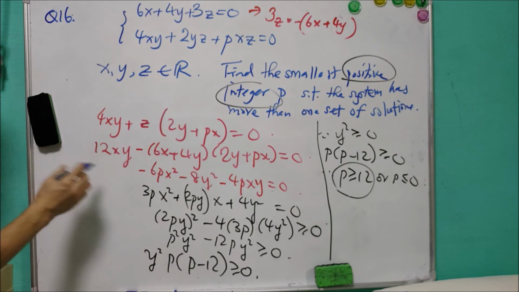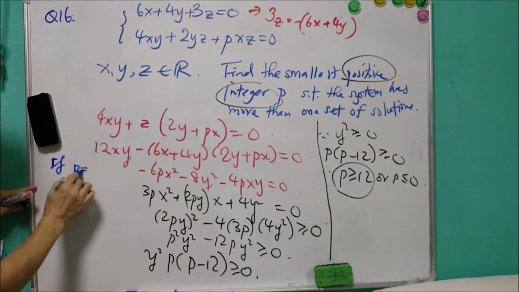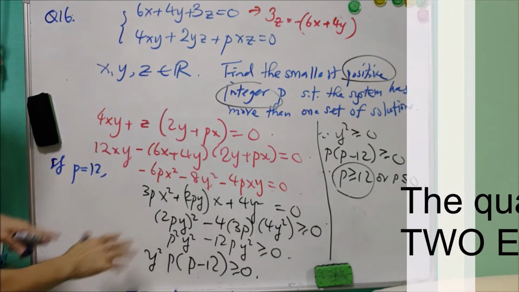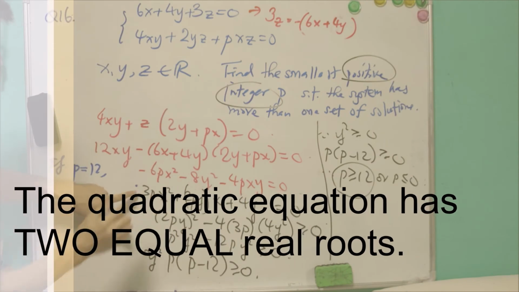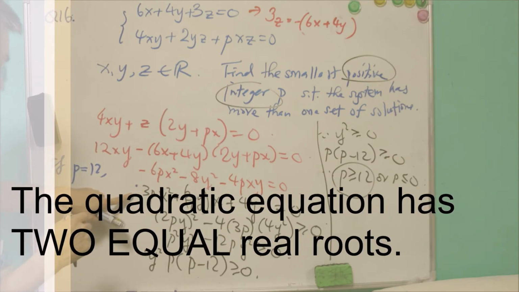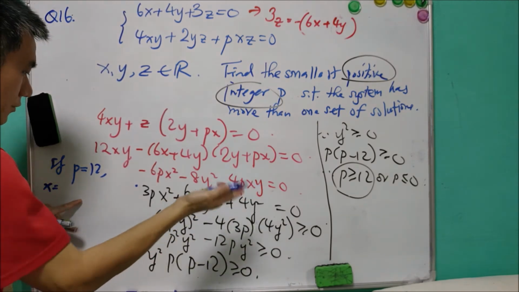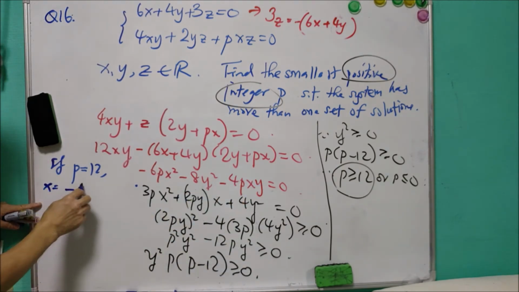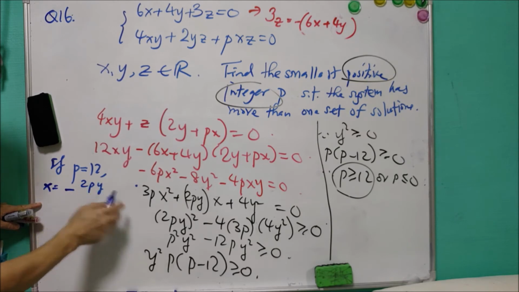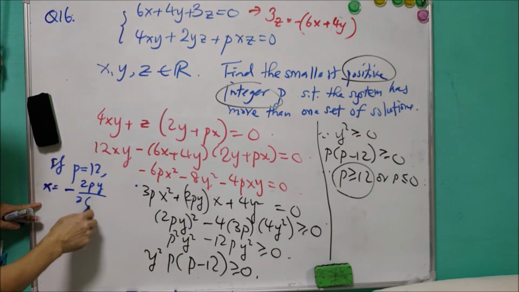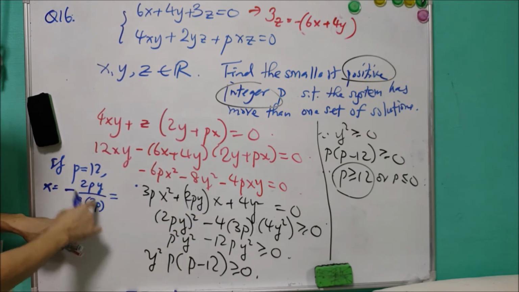So we verify here. If p equals 12, this equation will have exactly one solution. The solution is equal to negative b over 2a. So it's negative b over 2a, and p can be cancelled off, 2 cancels off.